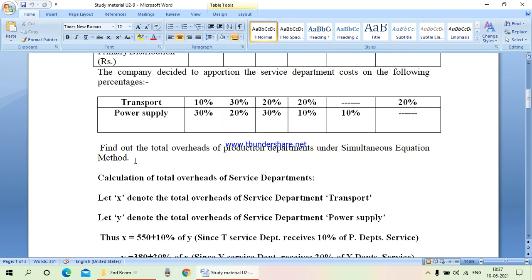Under the simultaneous equation method we first form the equations.